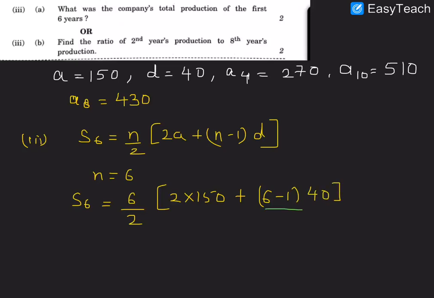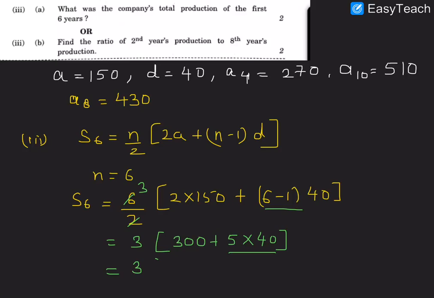So this will become 5 into 40 and 6 by 2 is 3. 2 into 150 will give you 300 plus 5 into 40. 5 into 40 is 200. 200 plus 300 is 500.